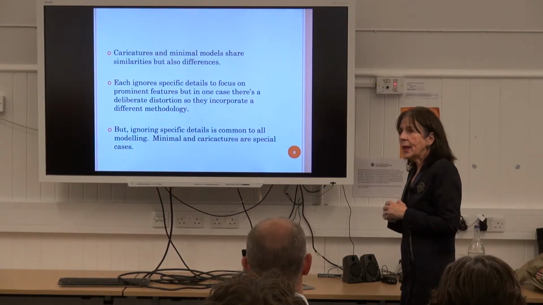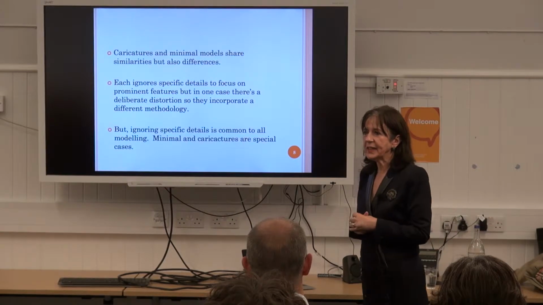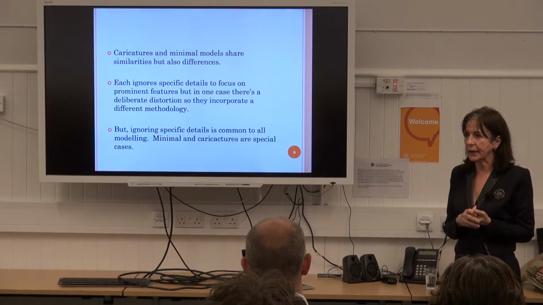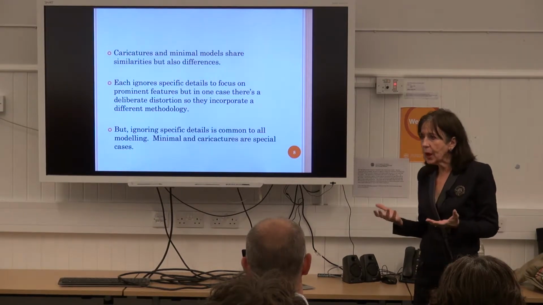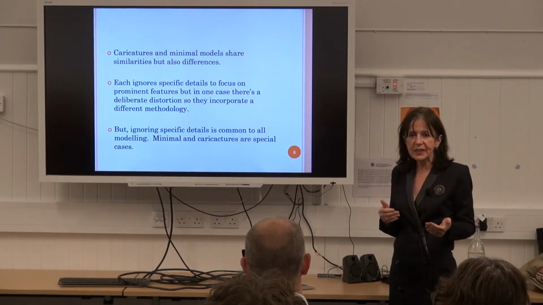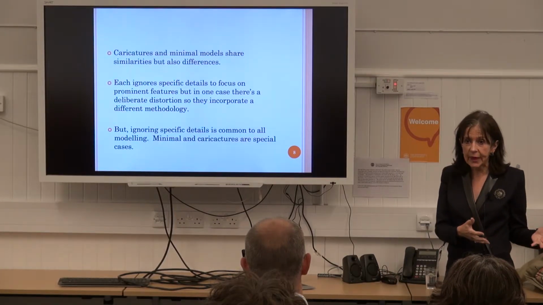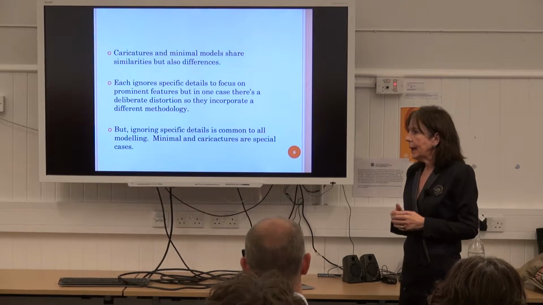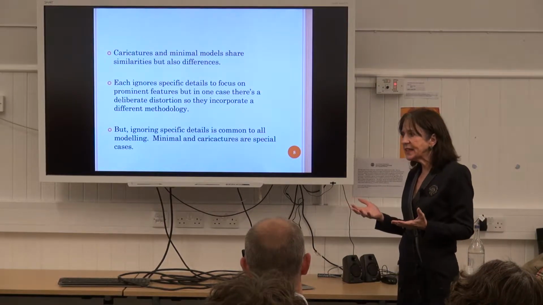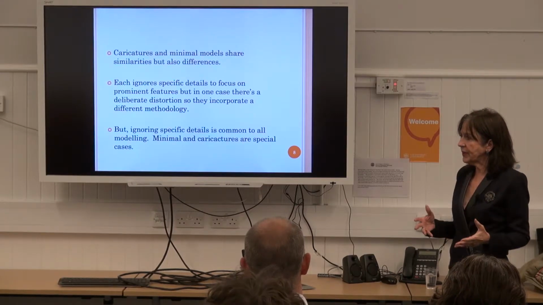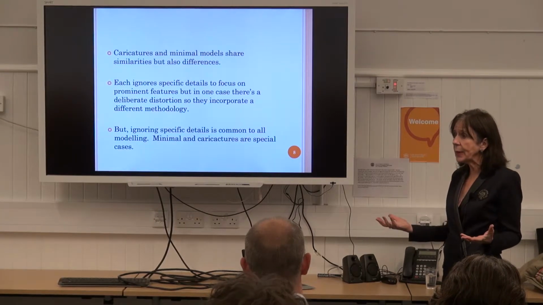Now, the thing about ignoring specific details, of course, is that's a characteristic that's common to all modeling. With phenomenological modeling, you're ignoring specific details because you don't have the theoretical foundation to incorporate them. In idealized cases like the ideal gas model, you're ignoring specific details because you don't need them.